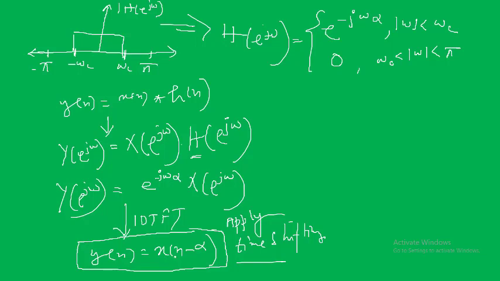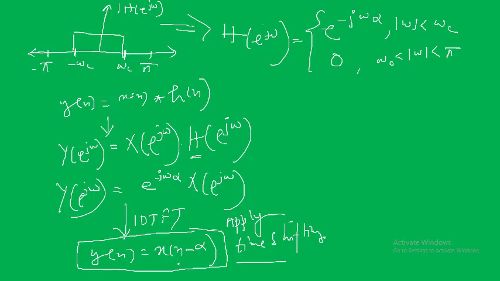Here the filter is made for this purpose only. Within a particular frequency range, the output will be the same as the input, and beyond that frequency the output will be nothing. That is how a filter is designed.